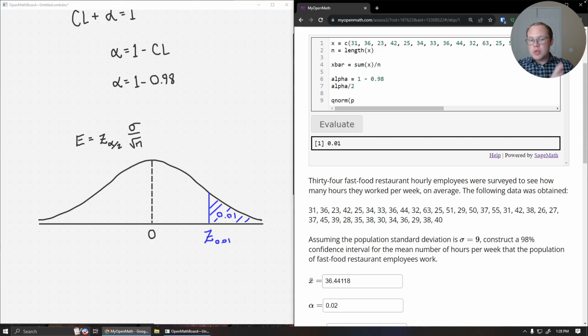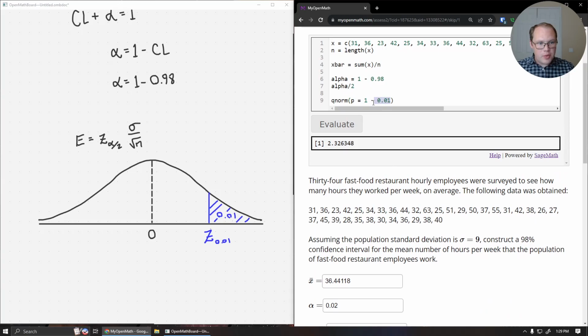We're told the area, which is equal to the probability. Now the qnorm function expects an area in the lower tail. We have an area in the upper tail, so the way we deal with that is we just subtract the area we know from 1. So 1 minus 0.01 is going to give us our z alpha over 2, or in this case, our z sub 0.01. That's 2.326348.